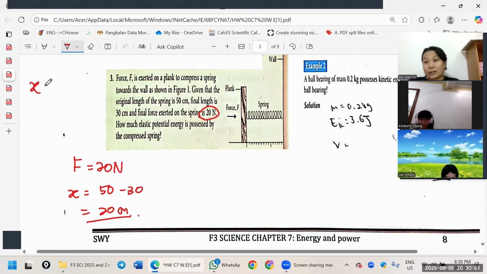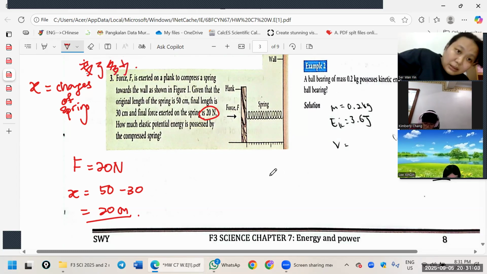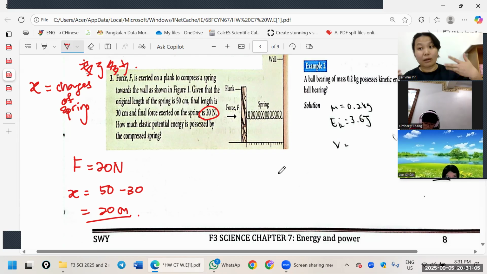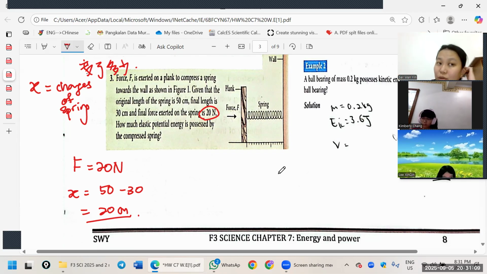Because what is x? X is changes of spring. 变了多少啊？50变30，就变了20。Changes means difference, means you need to minus.